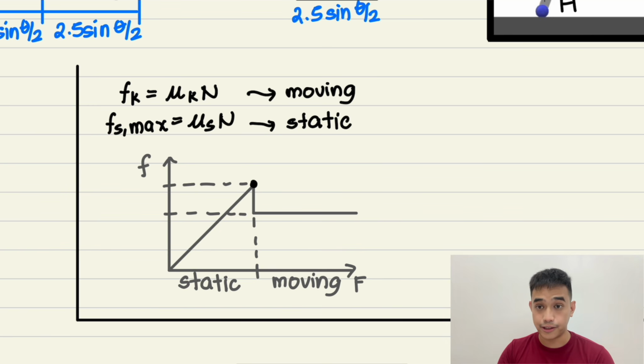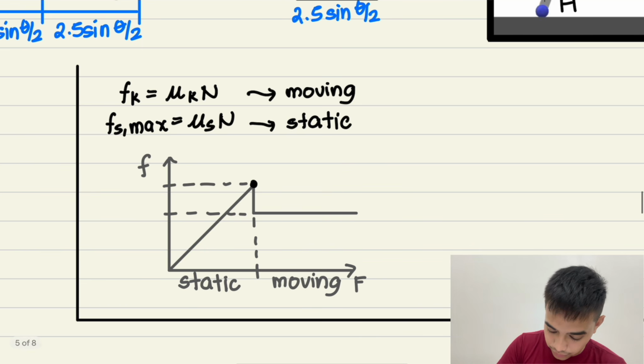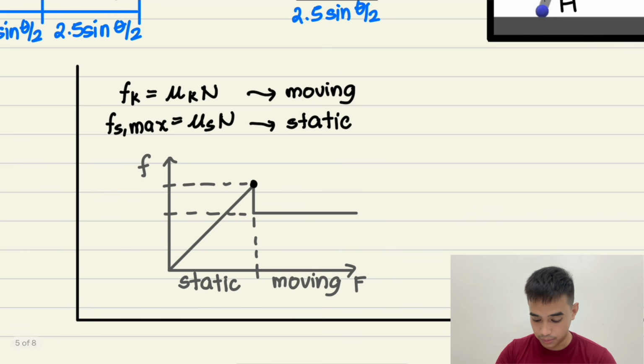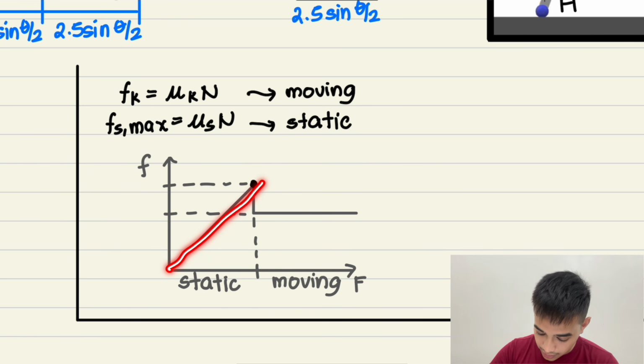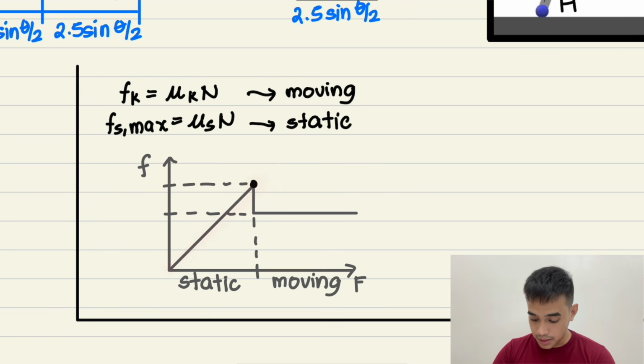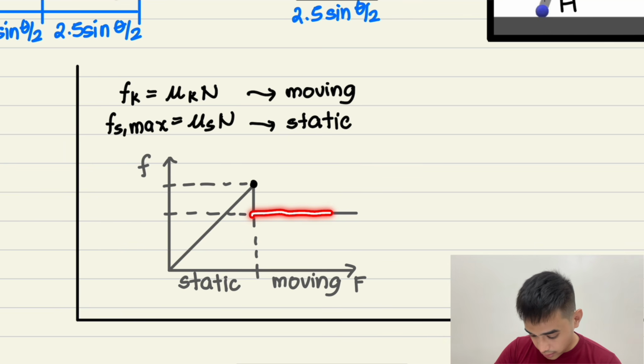So I prepared here the graph that we normally use to show the relationship of our friction and applied force. As we keep applying forces on our object, its friction force also increases until we reach this point. And at this point, our object begins to move and it will now experience this friction force.